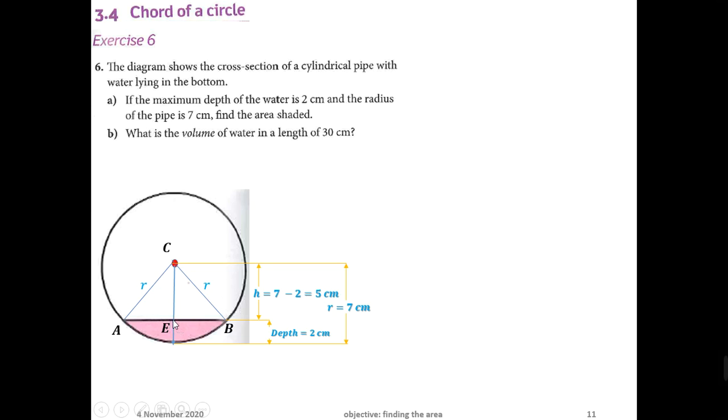If we consider AB as the base, AE is equal to EB because triangle ABC is an isosceles triangle where two sides are equal and this is the base.